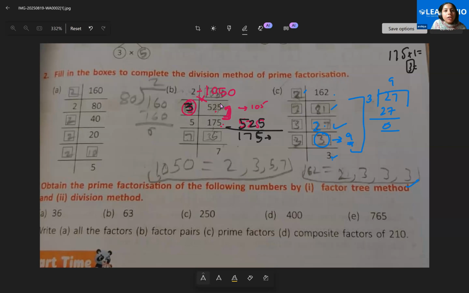Yes, but actually my mother also told me to do that, like 525 divided by 175. But it seemed too hard, so I tried with 5, then with 3. Yes, so that is what I'm saying that if you can't divide, use multiplication, like the opposite of it.